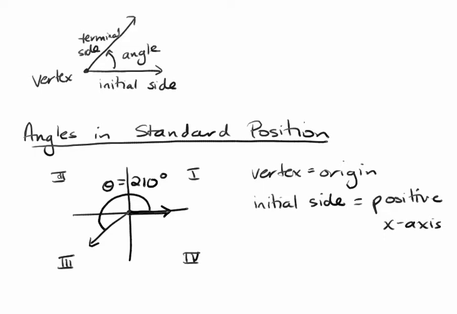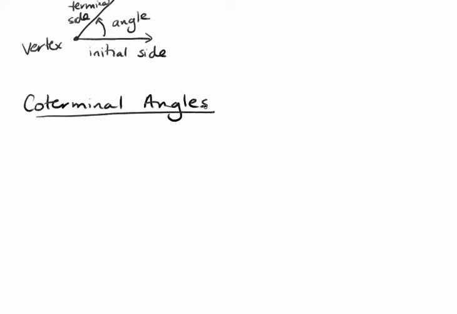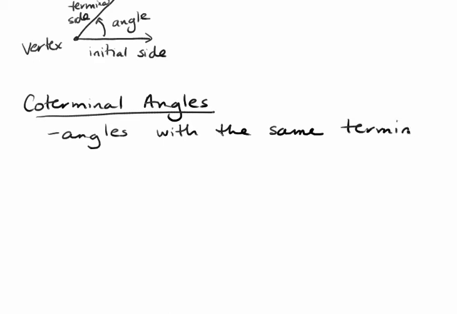When we're looking at angles, we also want to talk about what's called the coterminal angle. So coterminal angles are angles that have the same terminal side. For example, let's say that we have an angle theta that is in the first quadrant.